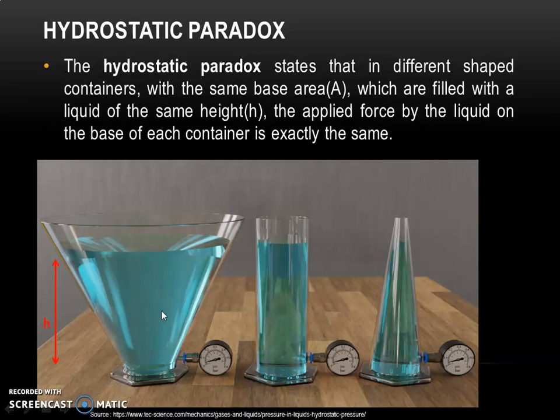So the force applied by the liquid on the base is the same. Since F is the same and area is also the same, pressure will also be the same for all three containers at the base, which is indicated here by the pointer. As pressure is equal to force by area, and force and area are the same, pressure is also equal for all three containers.